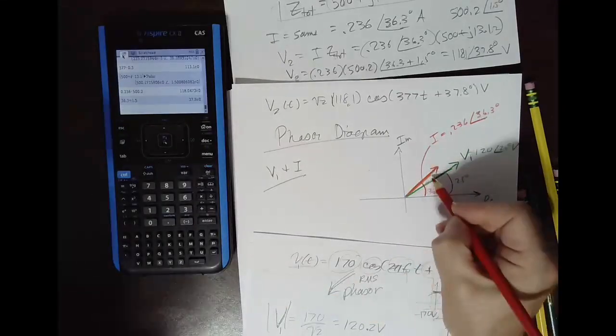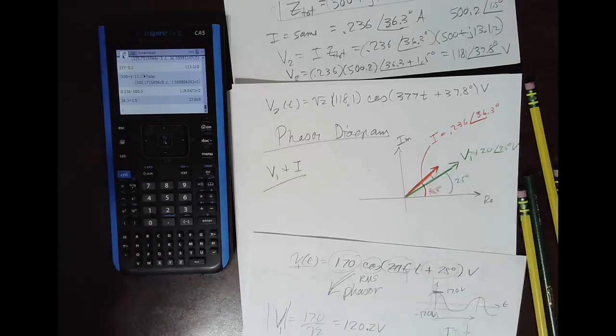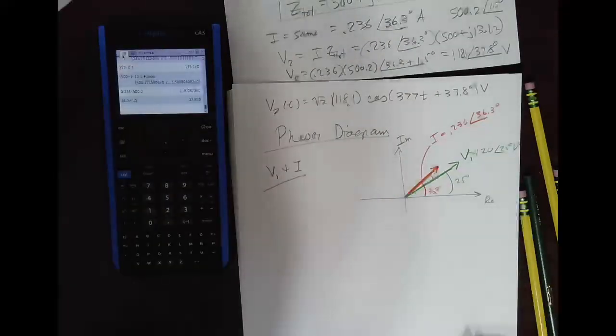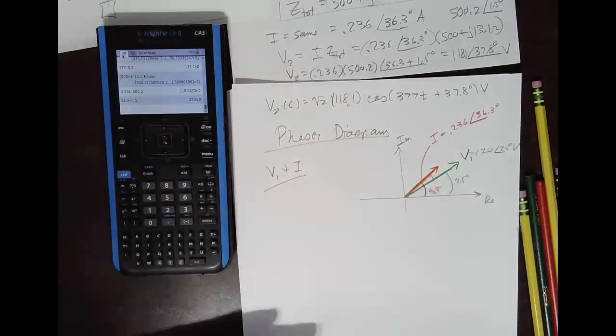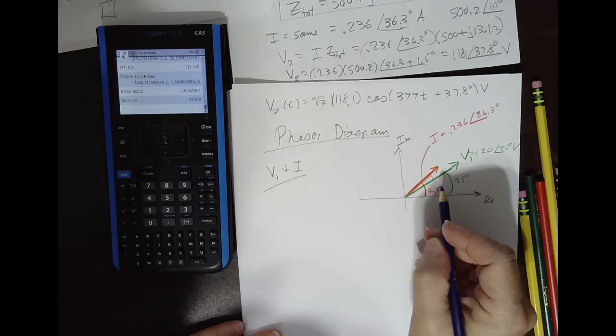So you can see the relative angle between the two, which would actually be the impedance angle. But we'll talk about that later.